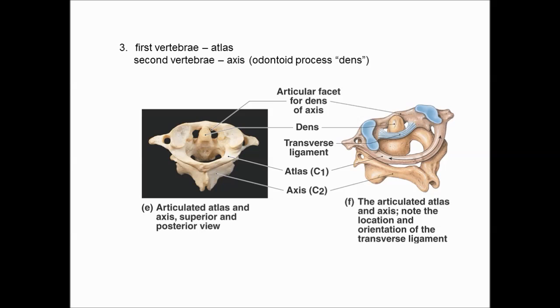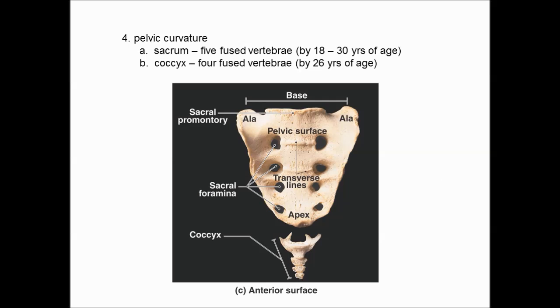The axis has a bone out-pocketing that comes out from the axis and goes up that the atlas articulates on, and that little process, we used to call it the odontoid process, but they've shortened it now. Most people are calling it the dens, but that's the process that comes out from the axis that the atlas articulates on.